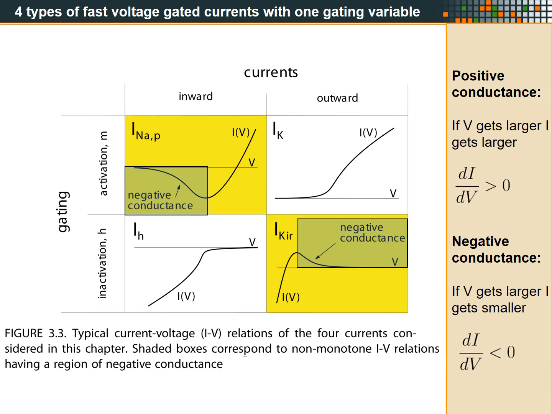In high school, we learned that with increasing voltage, given a certain resistance, the current through the system is of course increasing as well, which corresponds to a positive conductance and a positive IV relation.